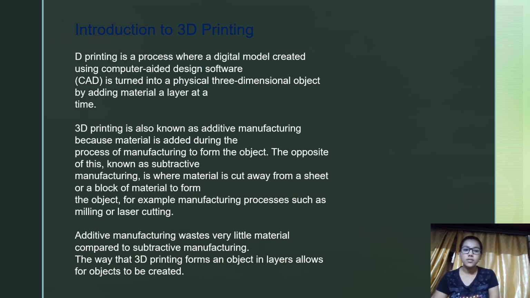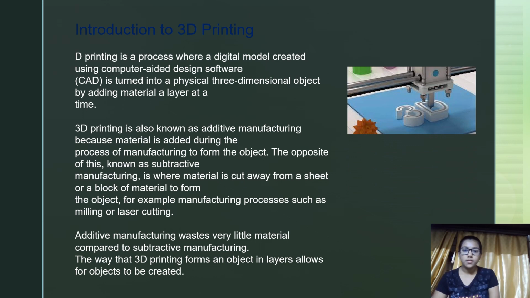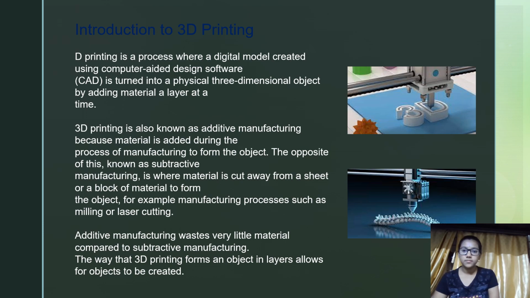The opposite of this, known as subtractive manufacturing, is where material is cut away from a sheet or a block of material to form the object. For example, manufacturing processes such as milling or laser cutting. Additive manufacturing wastes little material compared to subtractive manufacturing. The way that 3D printing forms an object in layers allows complex objects to be created.